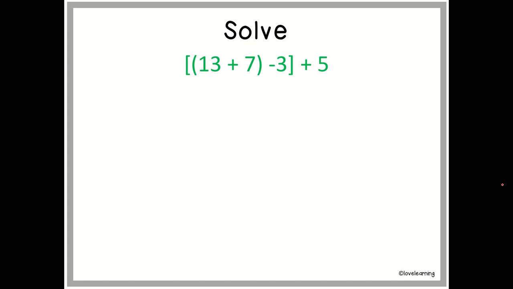So we have 13 plus 7 in parentheses minus 3 all within brackets. Well, still following the rules of order of operations, I know that my parentheses will come first. So I would take 13 plus 7, which is 20. Again, you want to make sure you're still bringing everything down.